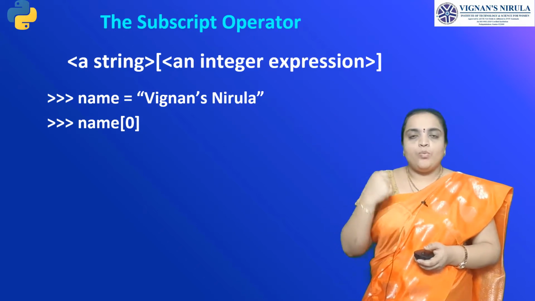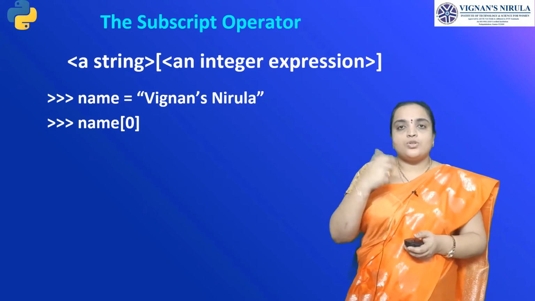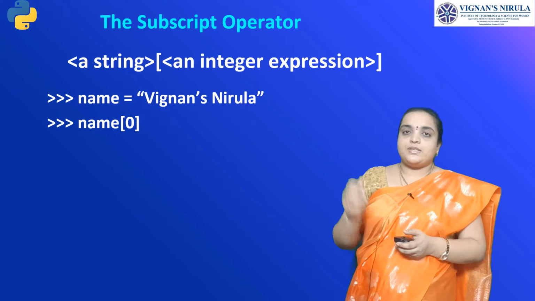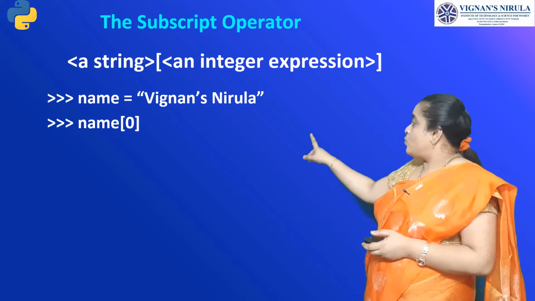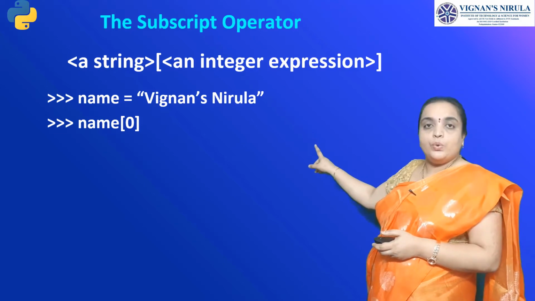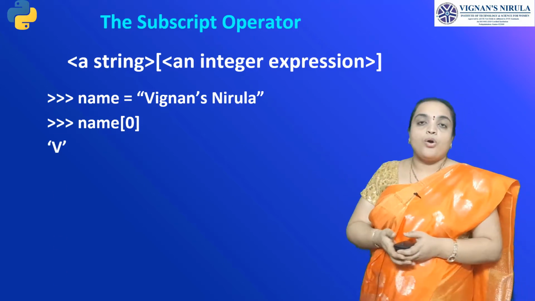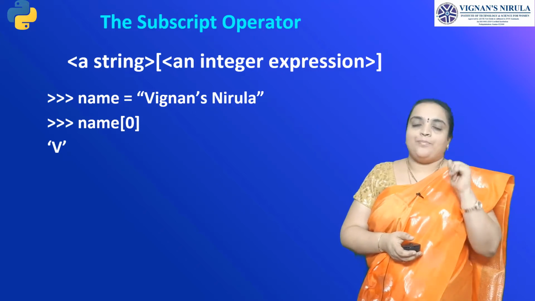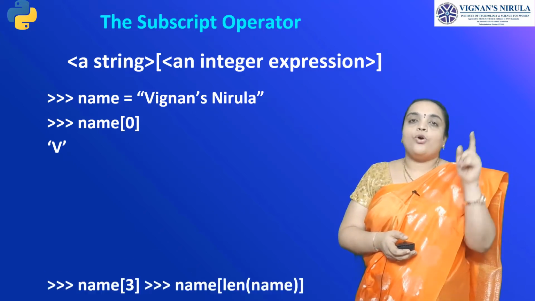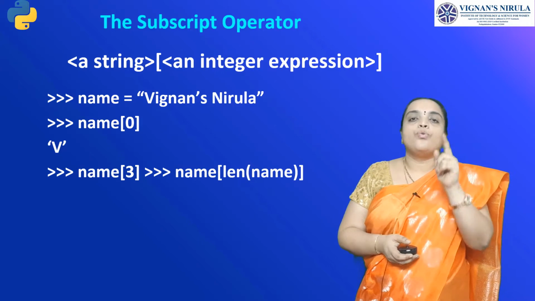Can anyone tell me what is the output of name[0] in the specified string? Yes. What is the output? Because V occupies the value 0. So the output here is V. The index 0 contains the character V.